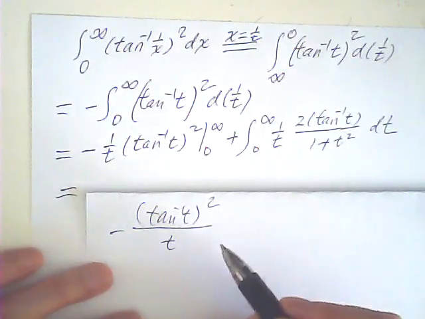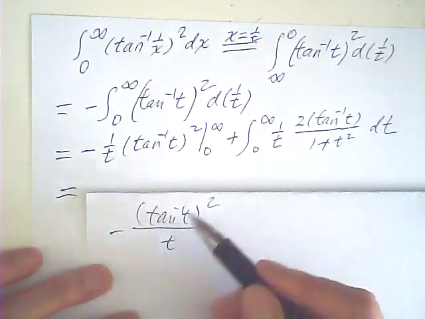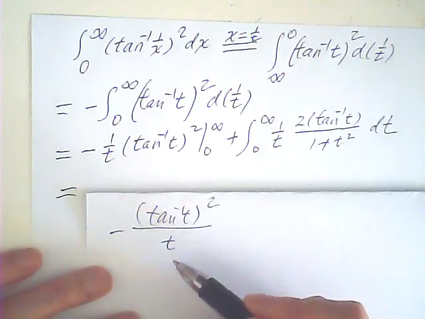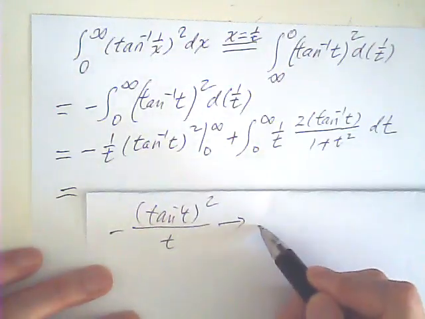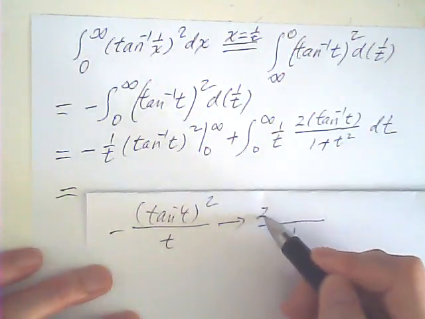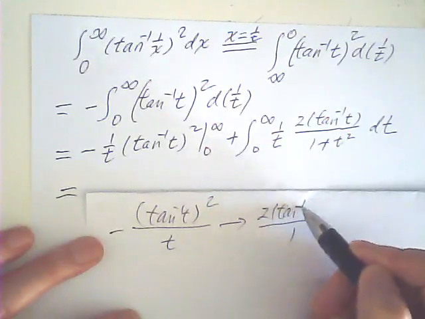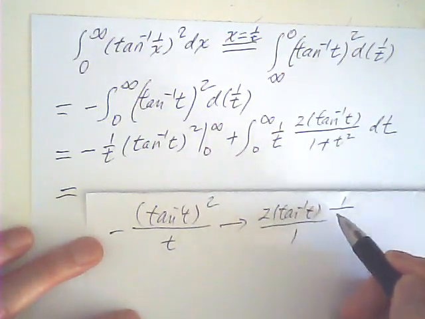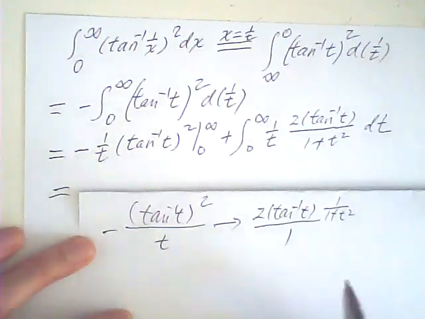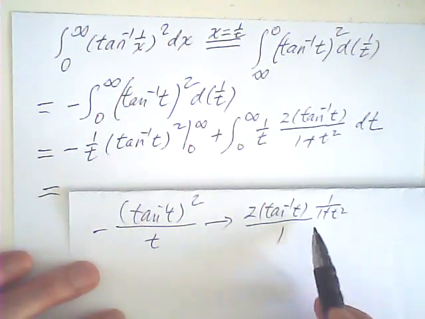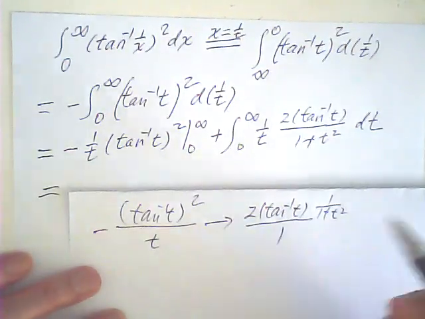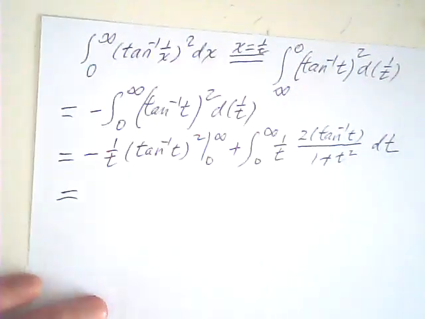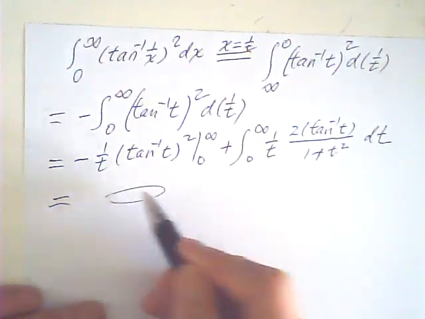When t goes to 0, it's 0 over 0, right? So we can apply L'Hopital's rule. This is 1, this is 2 arctangent, and 1 plus t squared, right? Then t approaches 0. This is 1, this is 1, this is 0. So everything goes to 0. So this is good.